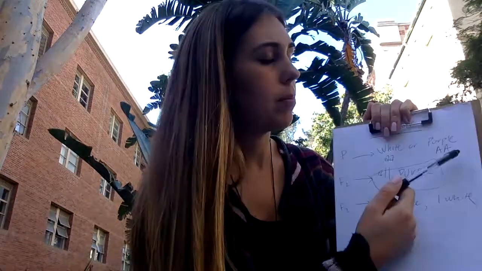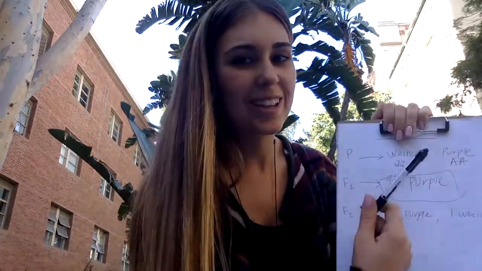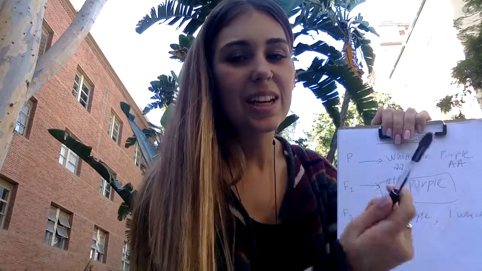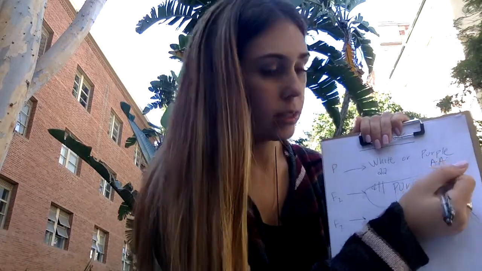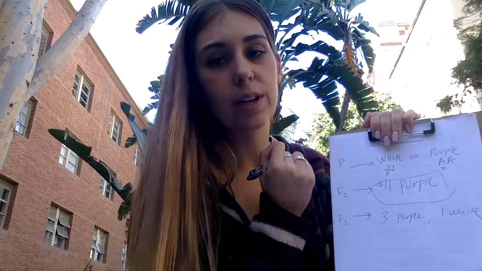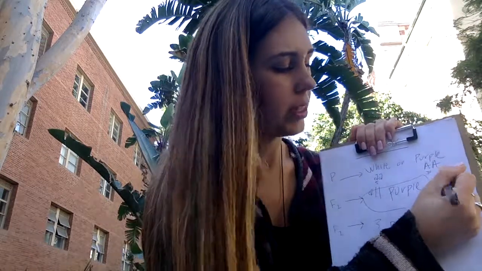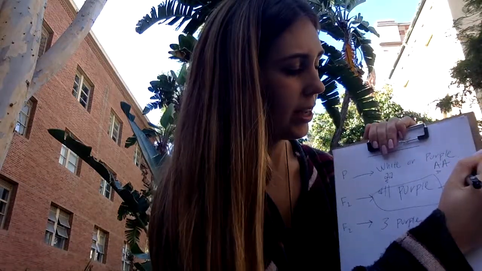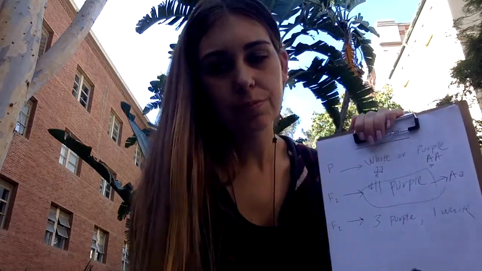When he crossed them, this is where meiosis comes into play, because each parent gives one allele. This plant is only giving one allele, and this plant is only giving one allele. So all of these purple plants have one from mom, one from dad, and are big A, little a.